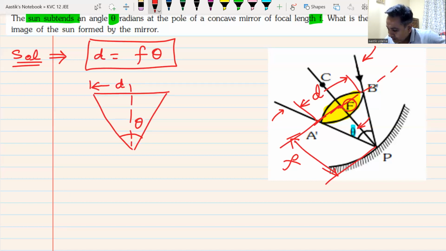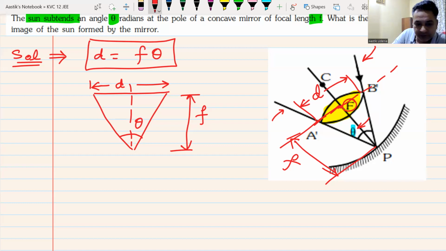This distance is your D, and this distance is your F. Everyone gets me? This theta is very small, so I can write D as F tan theta, or simply I can write D as F theta because theta is very, very small. Do we understand this? Can I have raised hands from everyone that we understand how this is done?